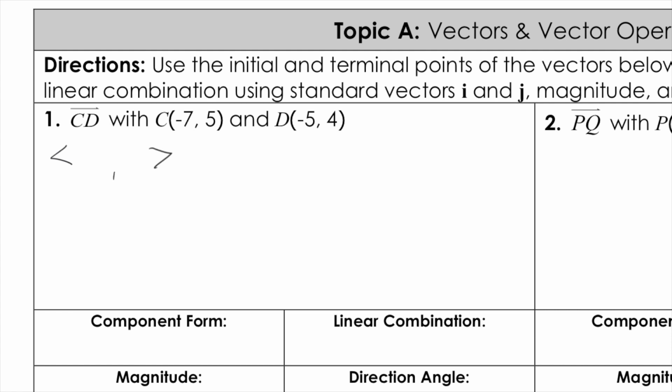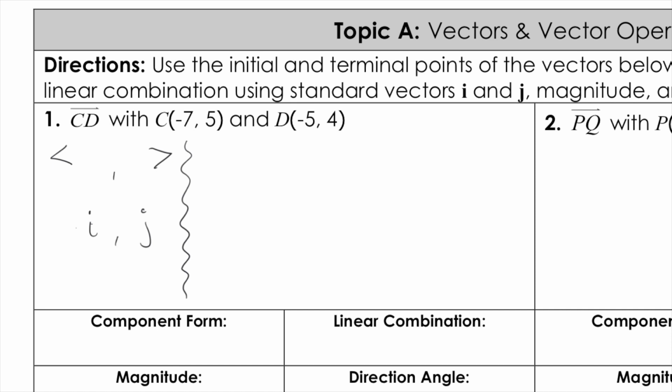We had them in component form, and then we also had them in linear form that took the form of i's and j's. So a component form and a linear combination. And they're the same representation of the same vector. They just are in two different forms.